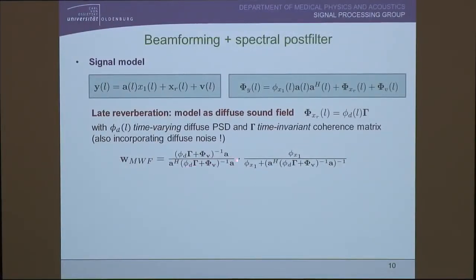That means that the correlation matrix for the late reverberation can be written as a time-varying PSD of the late reverberation times a coherence matrix, where we assume diffuse noise for this coherence matrix Gamma. If you then plug everything into this multi-channel Wiener filter, we get basically the same expression as before, where now we just have this Phi_d and Gamma as additional terms.